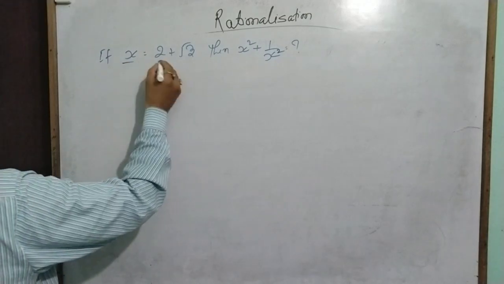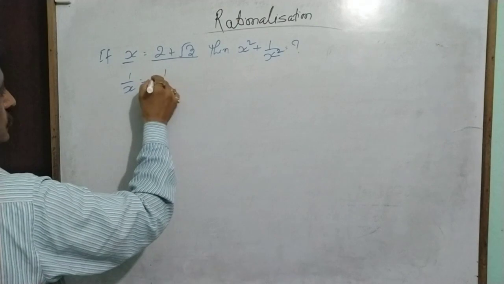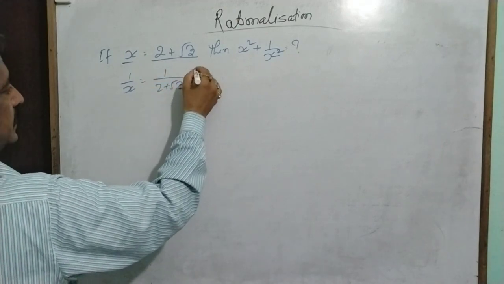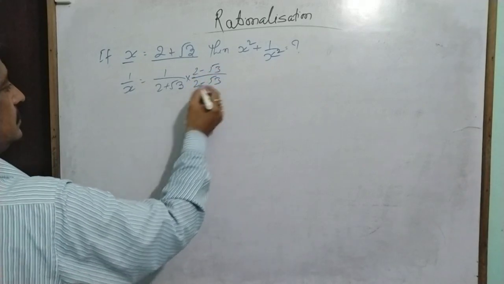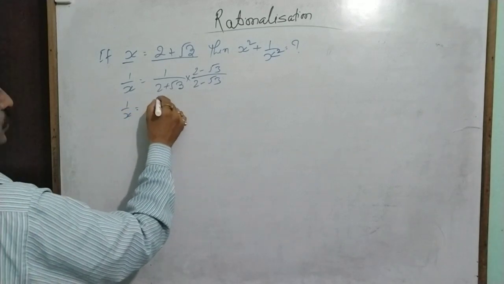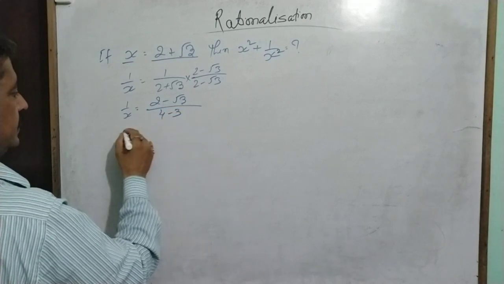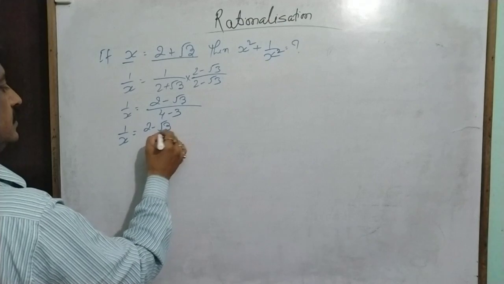So the value of x is 2 plus √3, so 1 by x is 1 by 2 plus √3. The denominator is rationalized by 2 minus √3. So 1 by x is equal to 2 minus √3 by 4 minus 3. So 1 by x is equal to 2 minus √3.